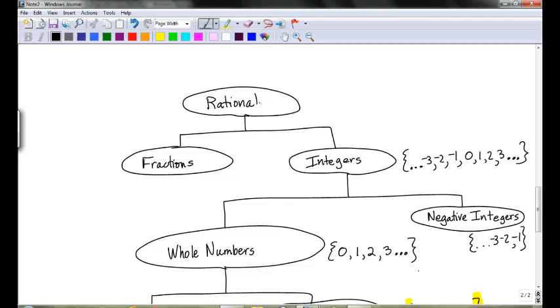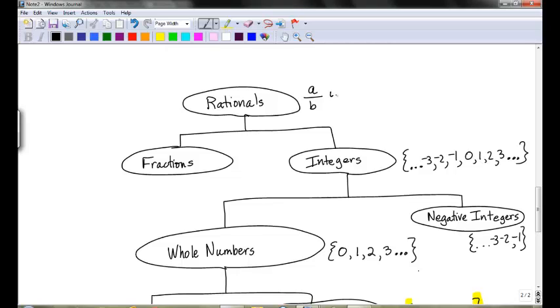The rational numbers, or the rationals, are in this form, A over B. Like 2/3 is a rational number. 5/8 is a rational number. 6 is rational because I can write it 6 over 1. Okay? And there are some restrictions on this.